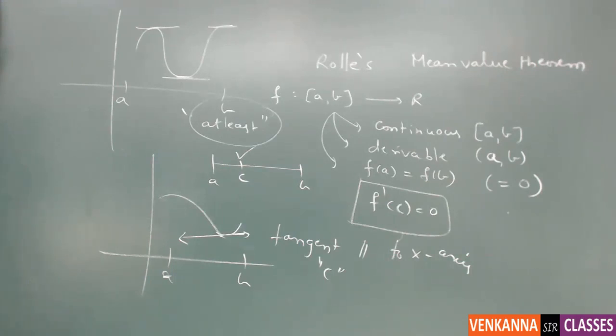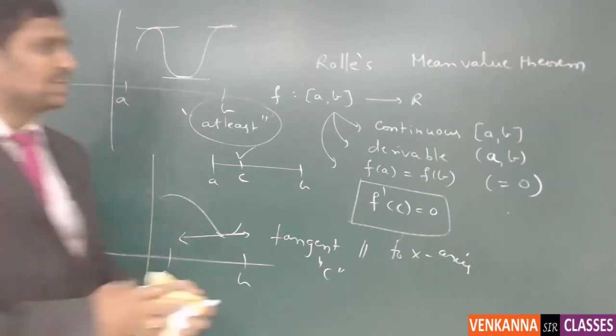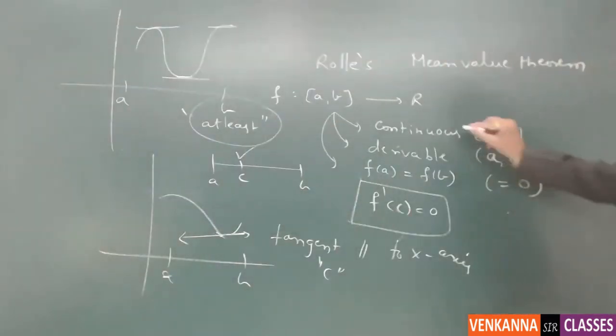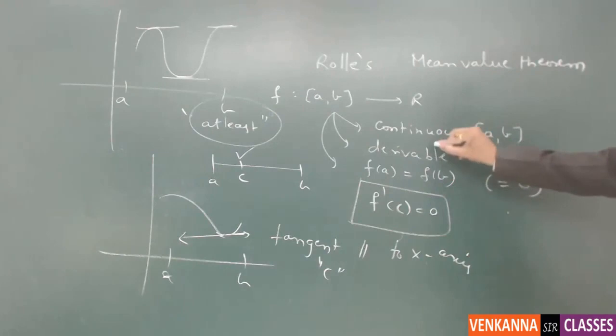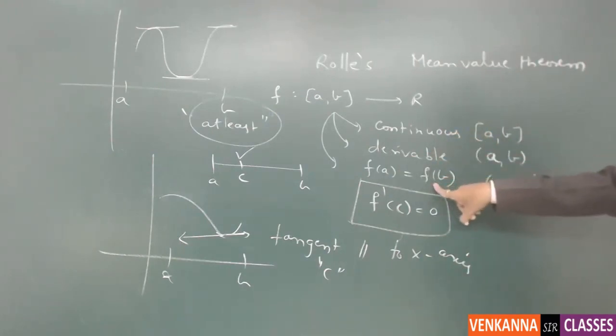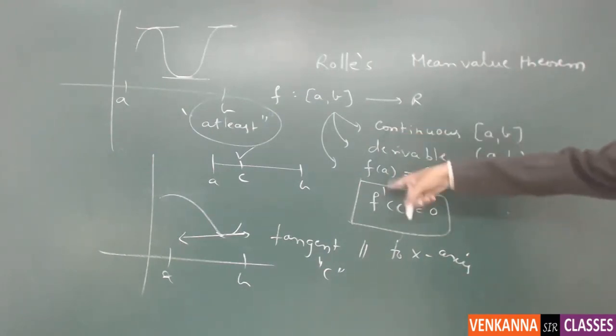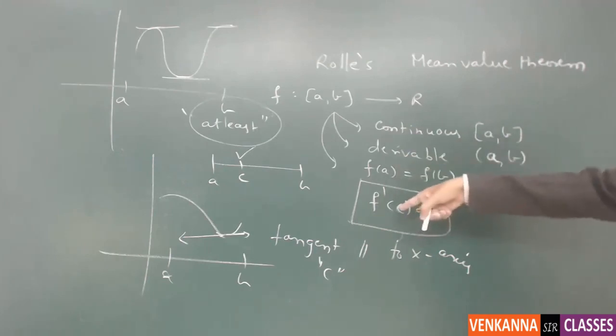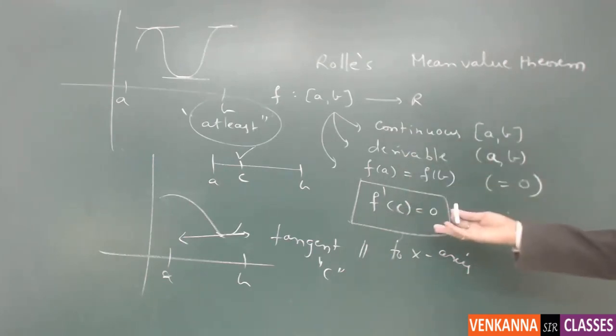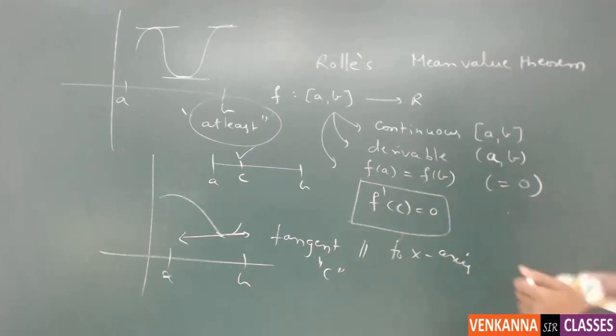Then I will go with the problems and give one small example with regard to the violation of Rolle's mean value theorem. Right. Since the function is to be satisfied, continuous, differentiable, and f of a equal to f of b, even though these conditions are not satisfied, we can say that we can find a point within the interval such that f dash of c is equal to 0.